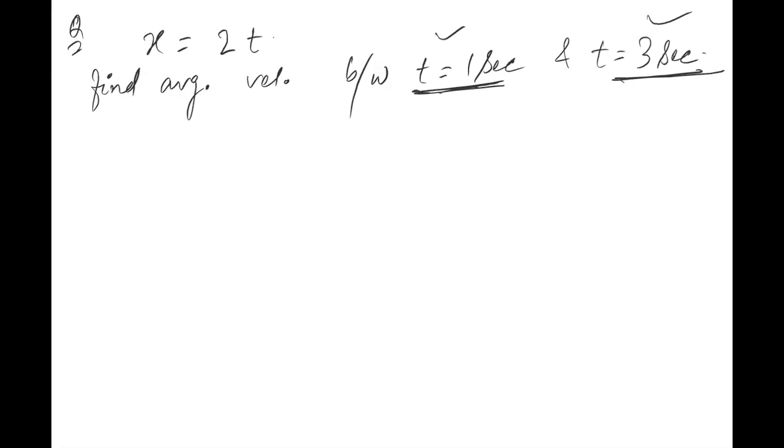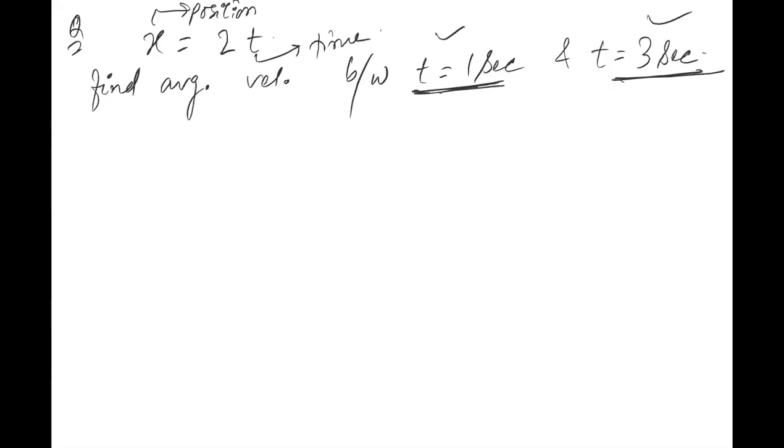How will you calculate the average velocity in this case? Equation for x is given, where x is position and t is time. How will you calculate average velocity? Ibrahim, will you try to give me some suggestion on how to calculate average velocity?